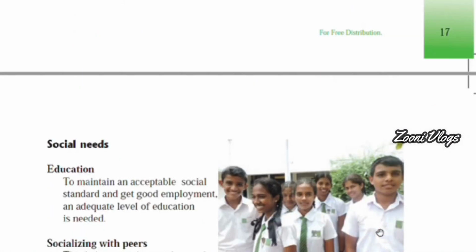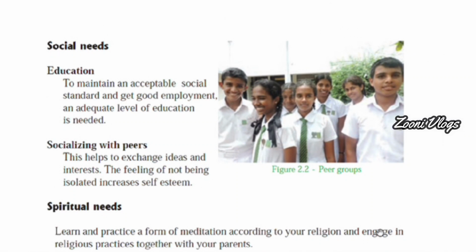Now here, social needs. Education: to maintain an acceptable social standard and get good employment, an adequate level of education is needed. If you are well educated, you can get a good job. Socializing with peers helps to exchange ideas and interests.